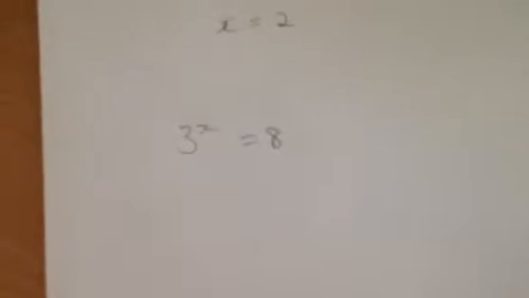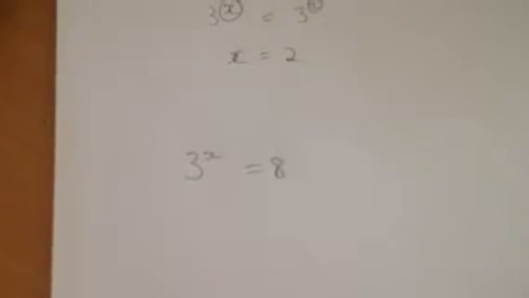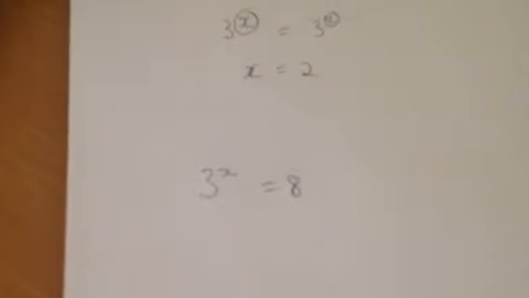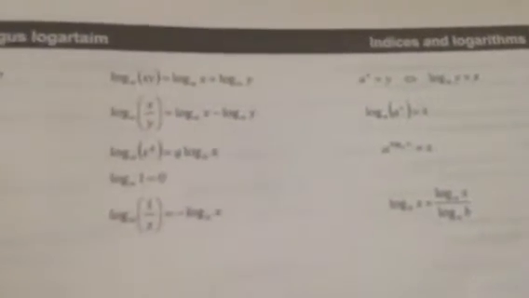And if I want to be able to write things in log format, I need to go to my log tables. And it's the same page as the indices rules. Page 21 of your log tables, we have all these rules to do with indices and all these ones to do with logs. But how do I go in and out of log format? Well, it actually tells me.